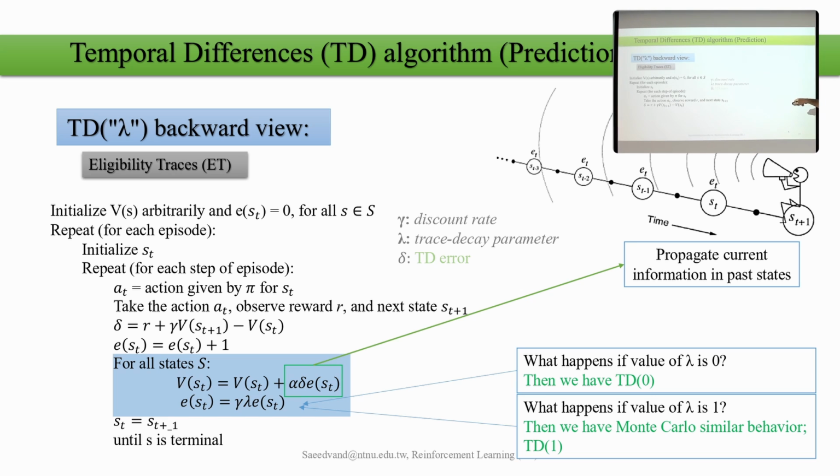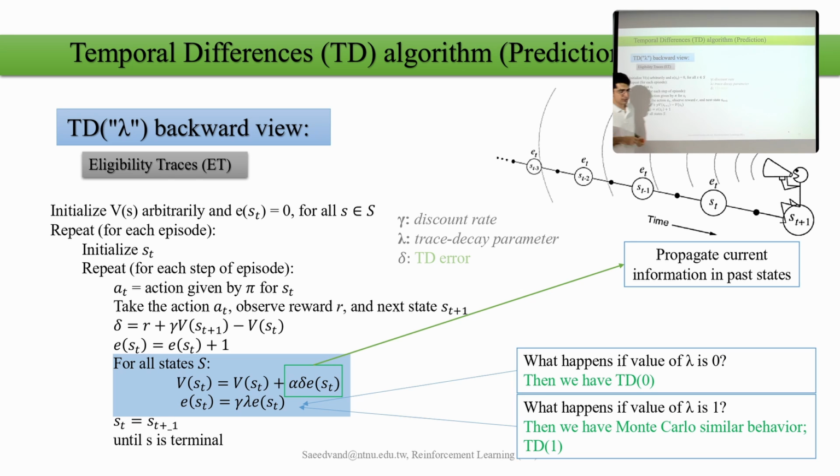After calculating the delta as the TD error based on the reward and differences, we update the eligibility trace of the state t by adding that we visited this state. We visited the state t, and since we visited it, the eligibility trace of that state will be increased by 1. Okay?